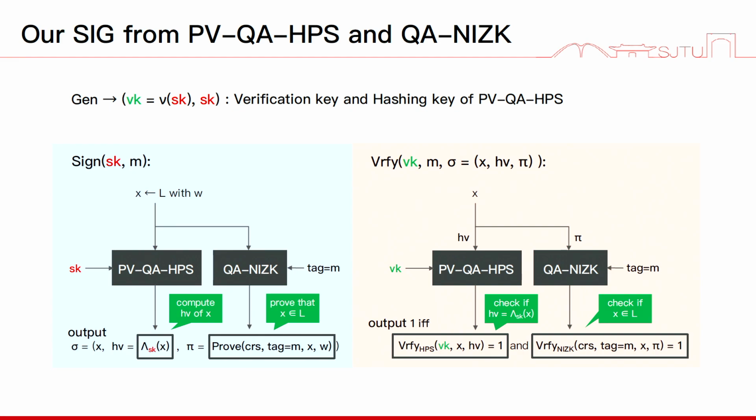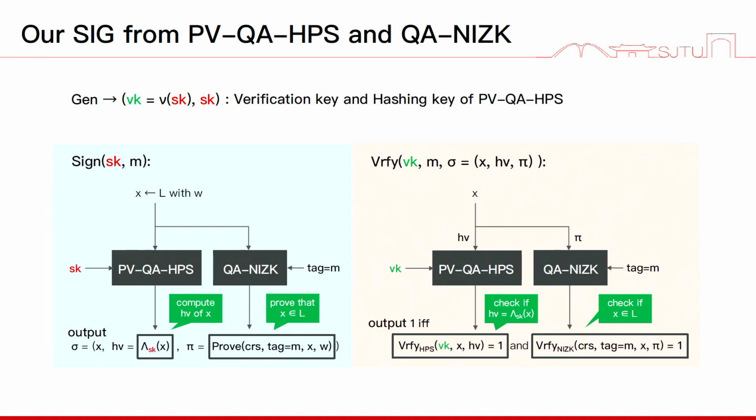Our signature scheme is constructed as follows. Its verification key and the signing key are just the verification key and the hashing key of the QA-HPS. And in the signing algorithm, it first samples an instance x from the language L with witness w.